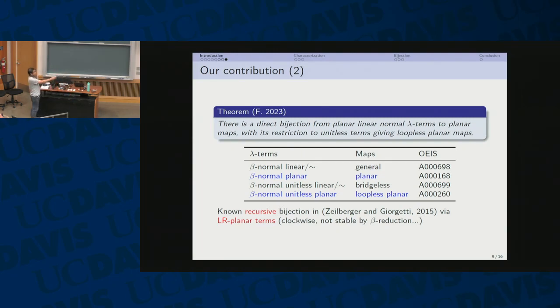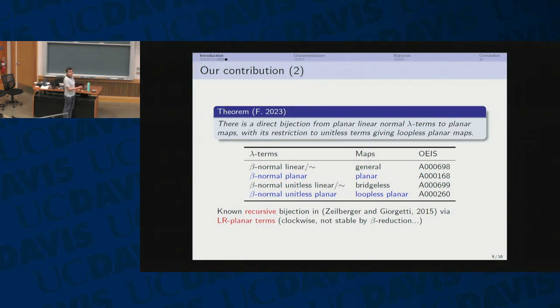So essentially, we recover these two lines of results, which were first proved by Noam Zeiberger and Alain Giorgetti in 2015, but their bijection is recursive, so less easy to manipulate. And it's also on a different family of lambda terms, which is less nice because they are not closed, not stable by beta reduction, so they do not form a lambda calculus.